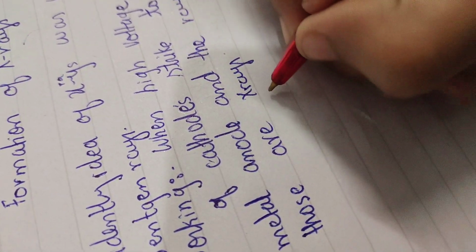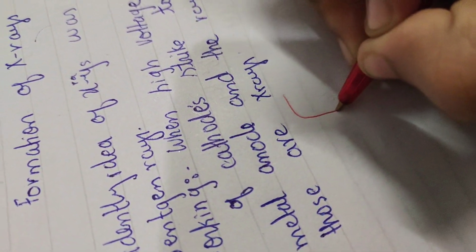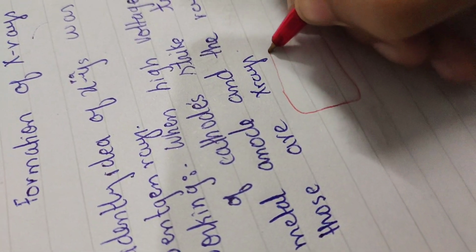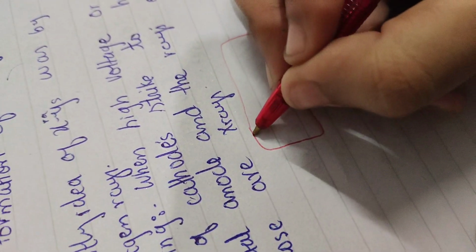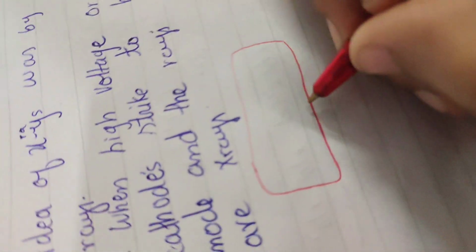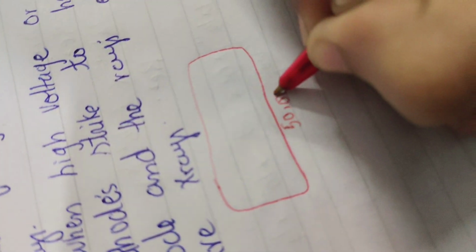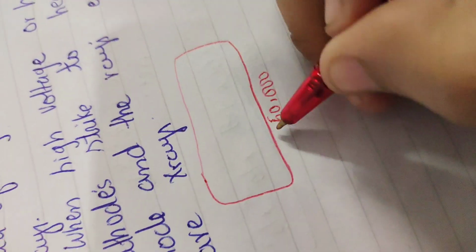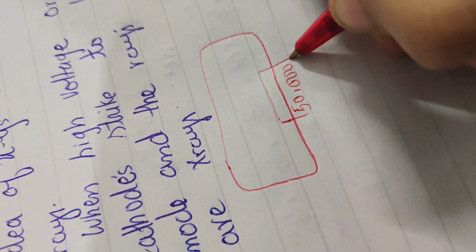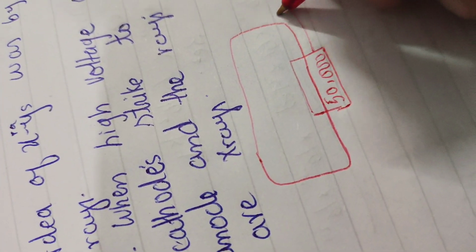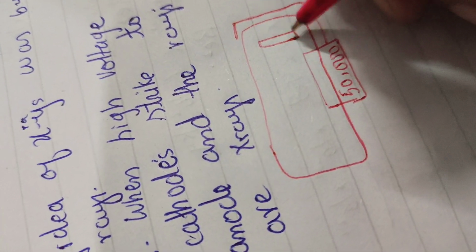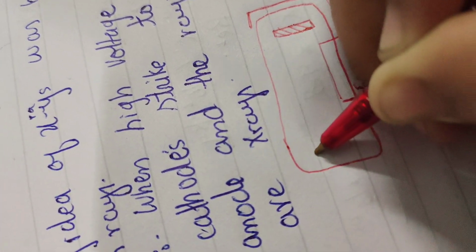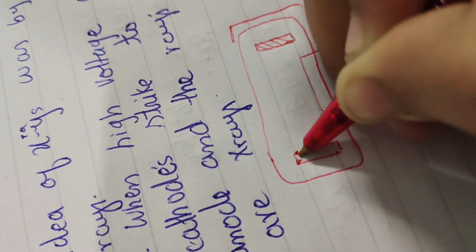Alright, let's just understand this by the practical. For example, this experiment was done in the discharge tube, and the source battery was connected with 50,000 volts, a high voltage. Here we have the cathode, and here we have a heavy metal anode.